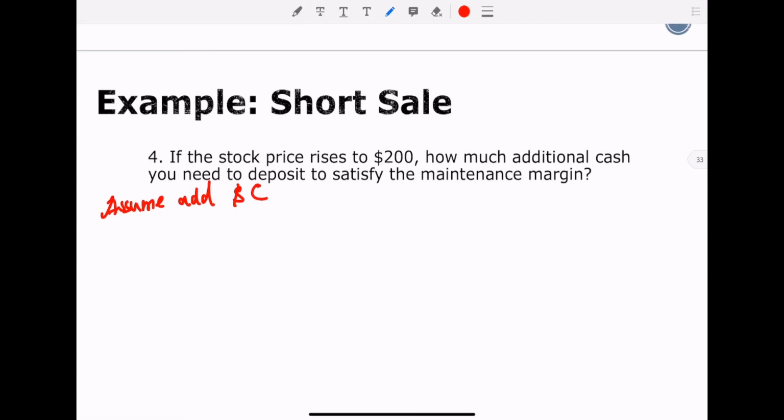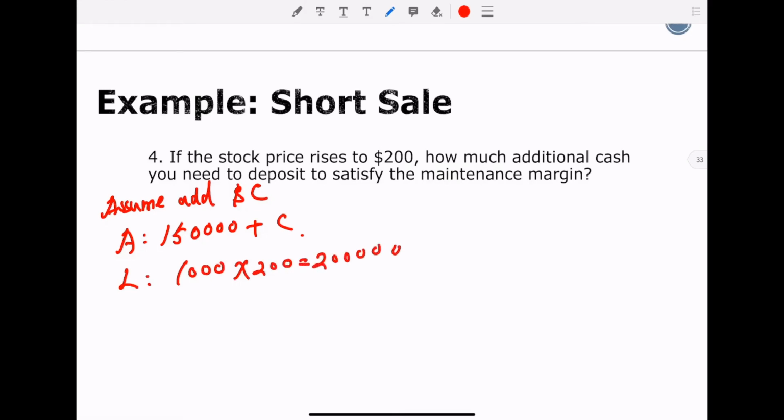So here, let's again use the balance sheet. What is your asset? Well, your asset is $150,000, which stays the same, plus the additional cash, right? And what is your liability? Well, it's number of shares times stock price, which is $200,000.